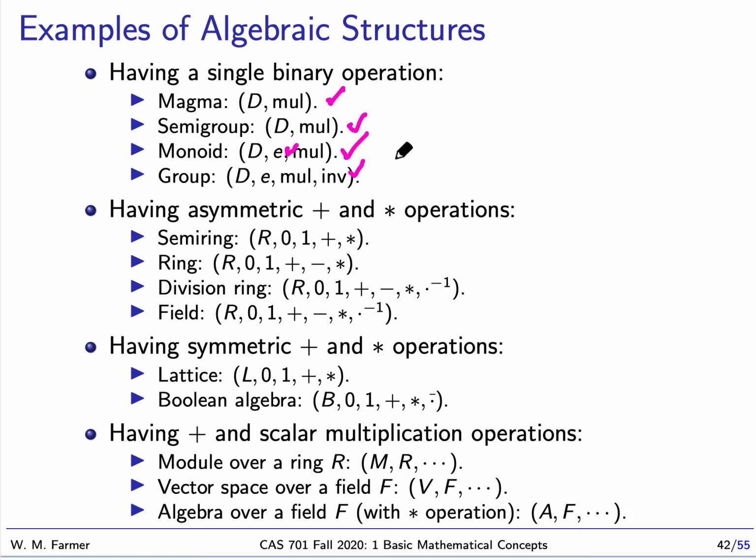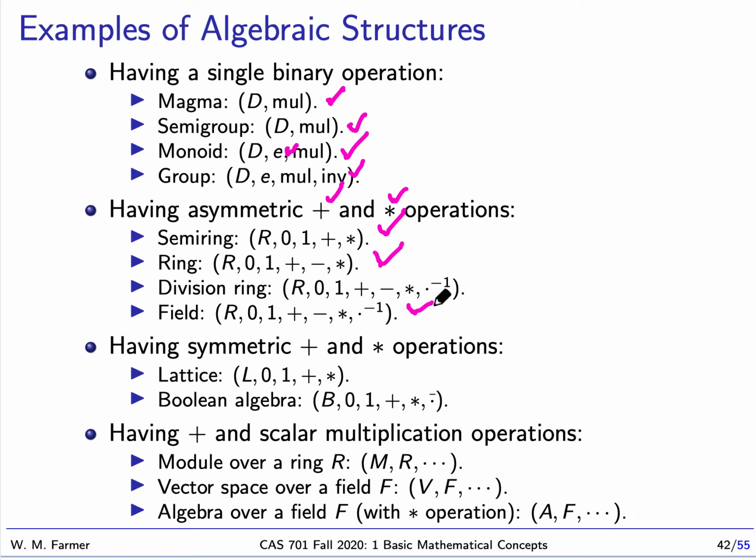Now, there's also a whole group of algebraic structures that have a plus operation, addition operation, and a times operation. But these operations are asymmetric. So for instance, we have a ring, a semi-ring. An example of that would be where the domain would be the set of natural numbers. And we have a ring, example of that would be a set of integers.